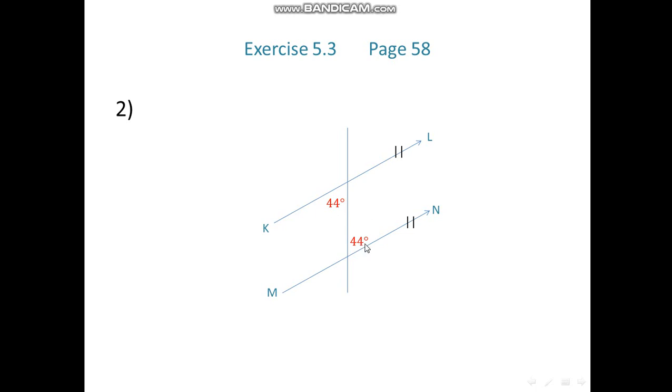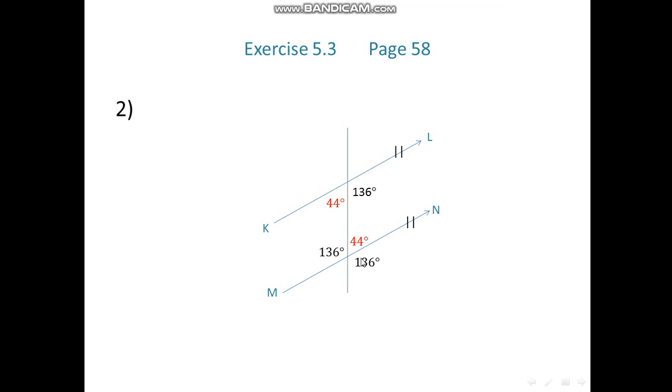This one is in the right side of the intersection, this one is in the left side of the intersection, but they are in the same position. That means they are alternate angles. That's why they are also the same. And the others also, 136 and 136, are interior alternate angles between two parallel lines and in the same position but different sides of the intersection.